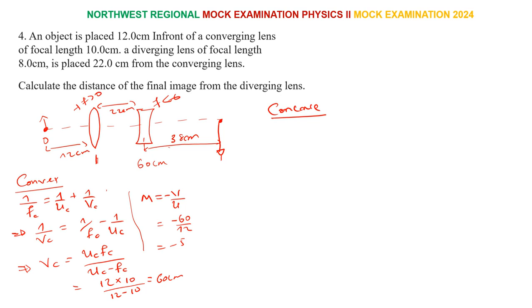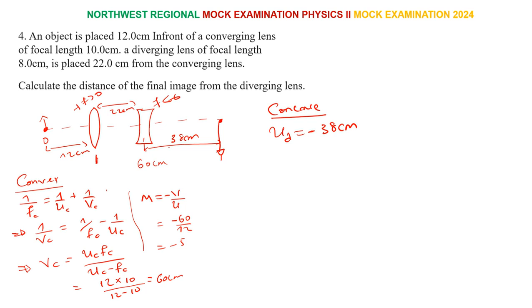For the concave system, since my object is facing downwards, that's inverted, it means that with respect to the diverging lens, the object distance is going to carry a negative sign. So Ud will simply be -38 centimeters.